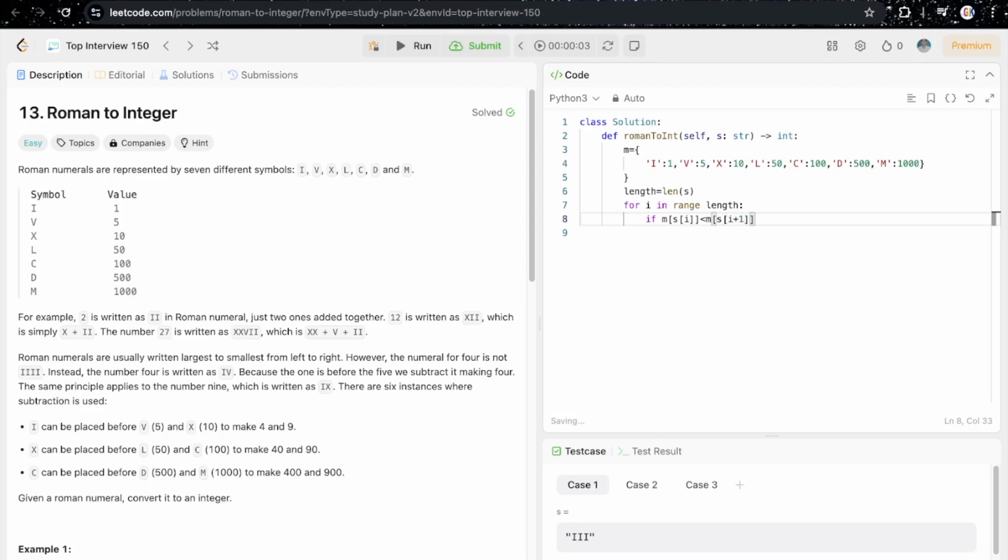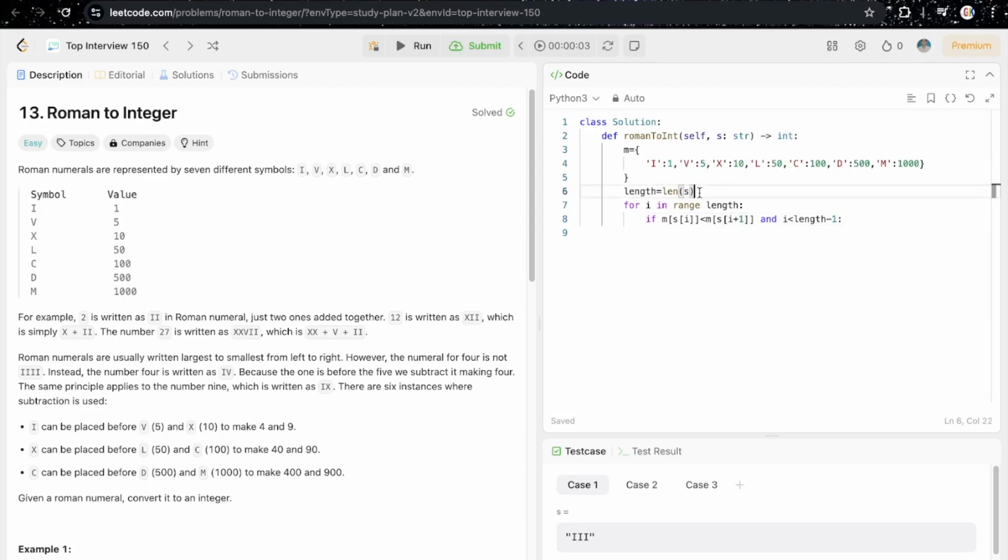And one more case we have to check here, because we are going from the last position. So i should always be less than length minus 1, since length is the last element, no? It will go till length minus 1, but we have to go till length minus 2 only. So I have taken i less than length minus 1, so that we can check the last element here.